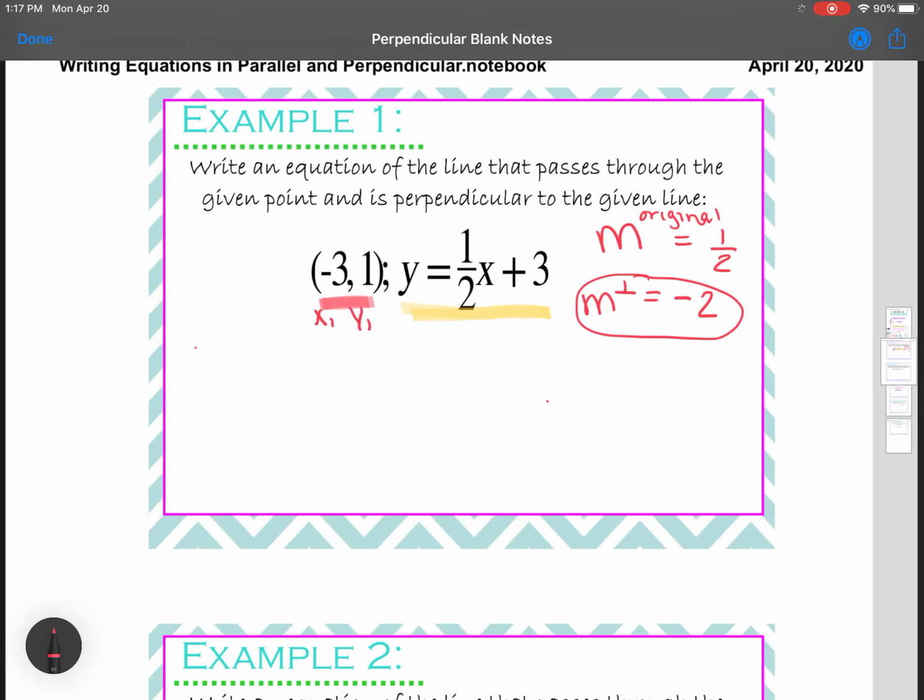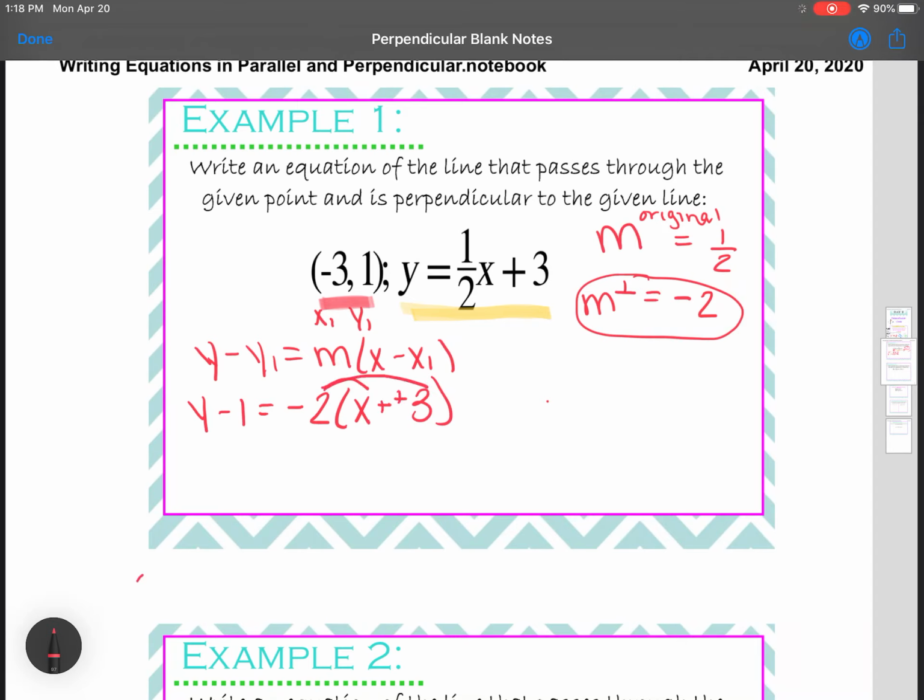So putting this in point slope form, y minus y1 equals m times x minus x1. I'm going to use my perpendicular slope. So y minus y1 is 1. My perpendicular slope is -2. X minus x1 is -3, so that's going to become +3.